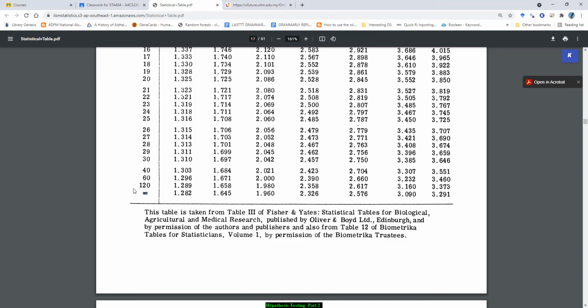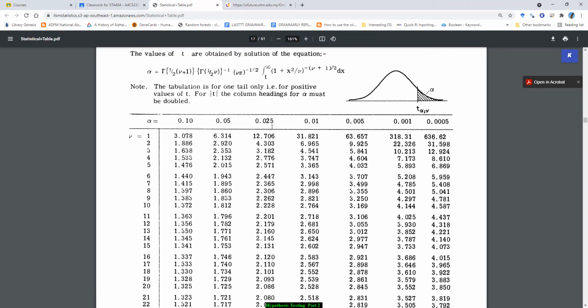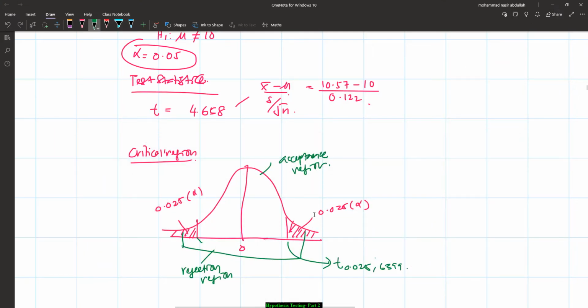Maksudnya yang beyond 120, it should be 1.96 lah. Because it's covered 0.025. So we can put here this value. This value should be 1.96 and this value should be negative 1.96, right?